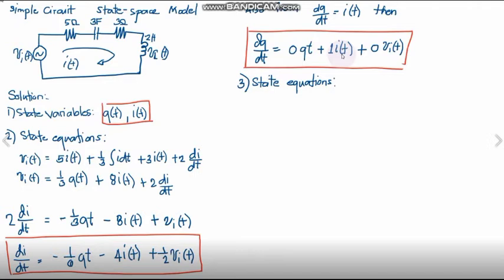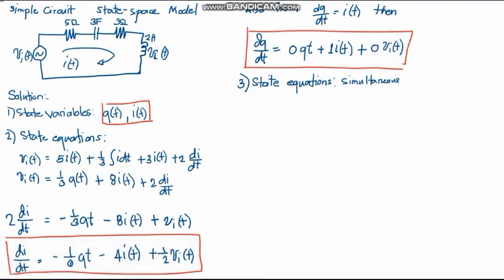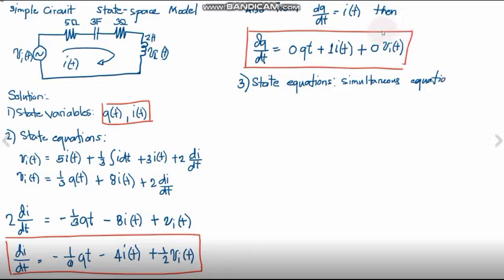Take note, v_i(t) here is not considered a variable, but an input signal. Of course, it's a variable, but it is a known variable, depending on the input signal that you're going to apply to it. So the variables here are q(t) and i(t).